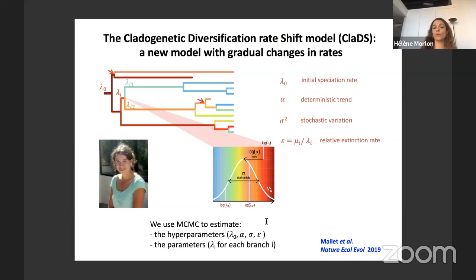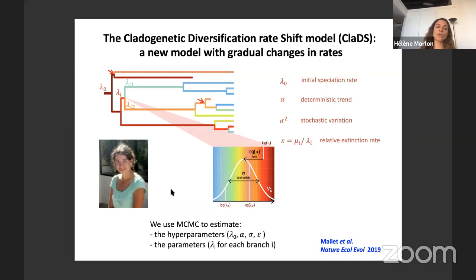So the wider the distribution, the less heritability we have; the tighter the distribution, the more heritability of rates we have. So in the end, this is a model that still has quite few parameters: only the initial speciation rate, a deterministic trend, the sigma that controls the heritability of the rate, and a parameter that controls the amount of extinction.